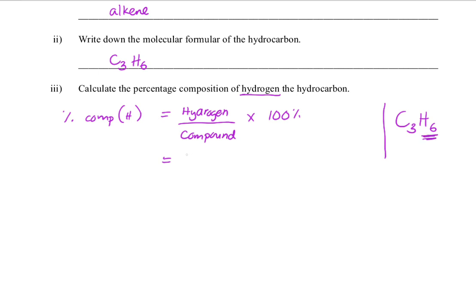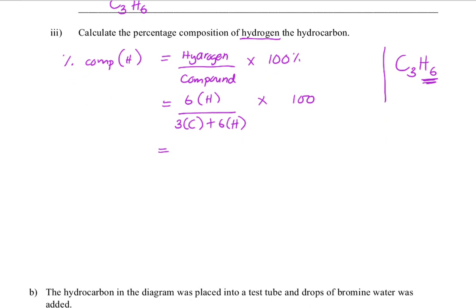So the hydrogens are 6, so we say 6 by hydrogens, then all over the total compound, which has C3. So we say 3 times C plus 6 times H, then all of it multiplied by 100. Now we replace C and H with their relative atomic masses.